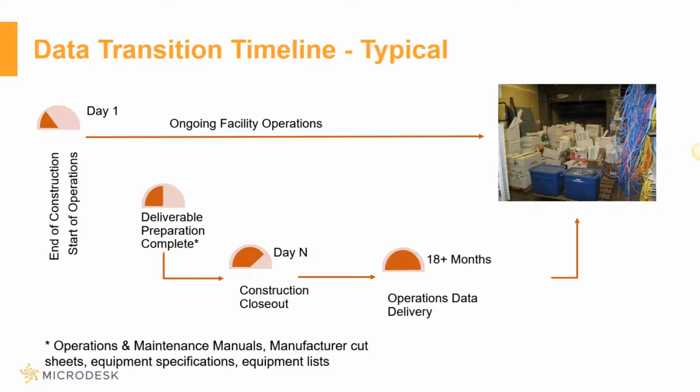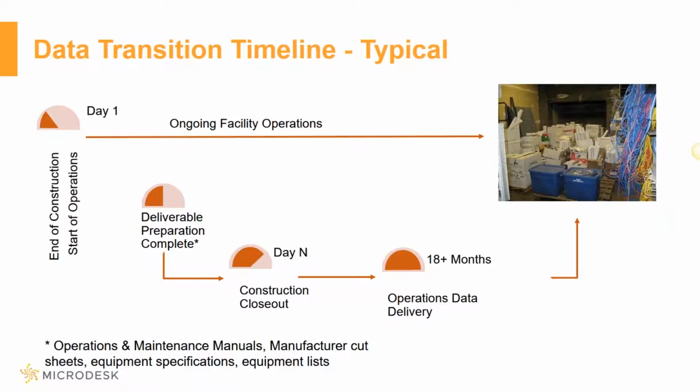Sometimes that's all paper, as you can see in the photo here, where you have boxes and buckets of paper that's being delivered. Sometimes, if you're lucky, you get DVDs of this information that go along with it. But the key is that the operations group now needs to sort through that information, find the information that they need, put the information into an operational system, and start to manage the assets.